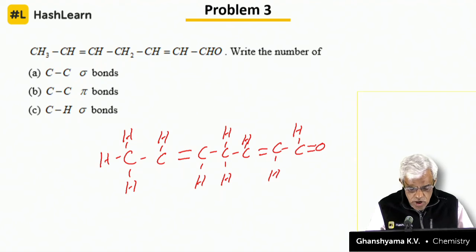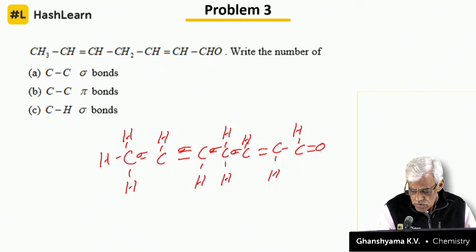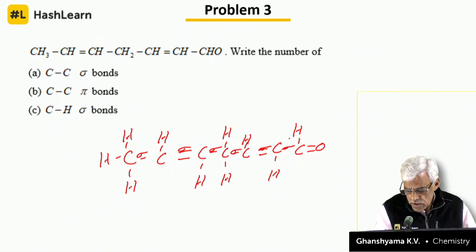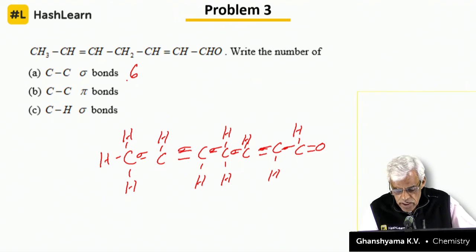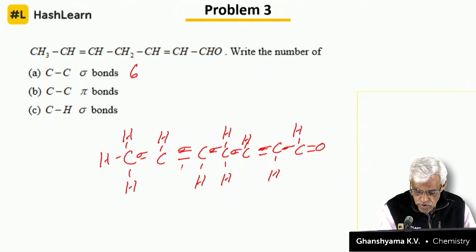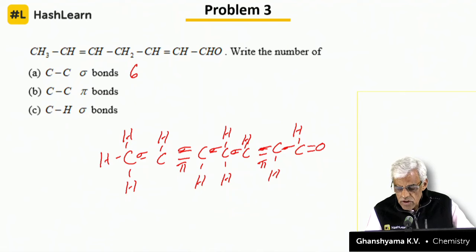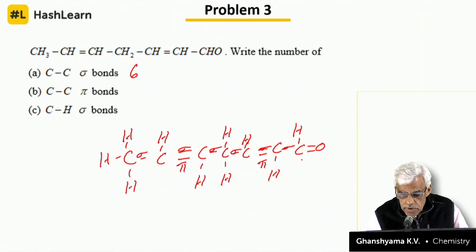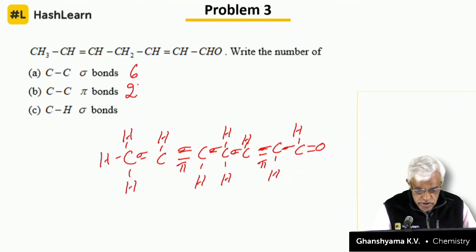Carbon-carbon sigma bonds: 1, 2, 3, 4, 5, 6. 6 sigma bonds are there. Carbon-carbon pi bonds: one pi bond here, another pi bond here. This is not a carbon-carbon pi bond, this is a carbon-oxygen pi bond. Therefore, 2 are there.